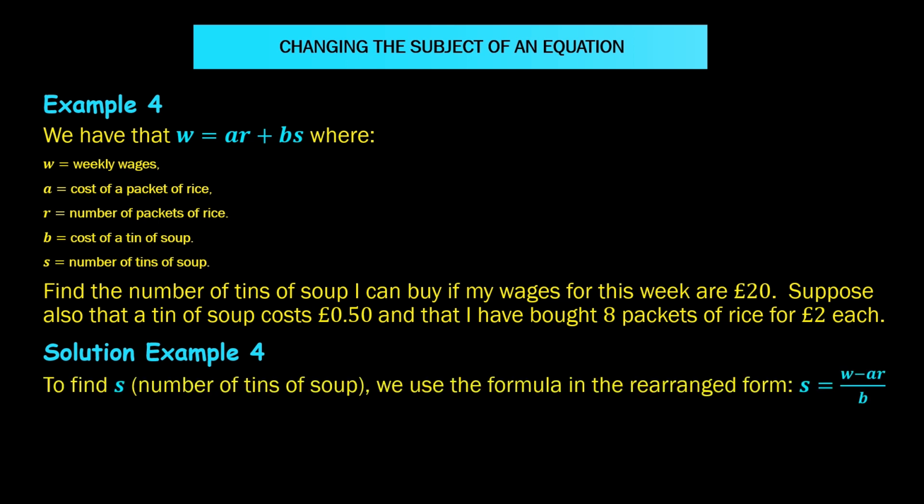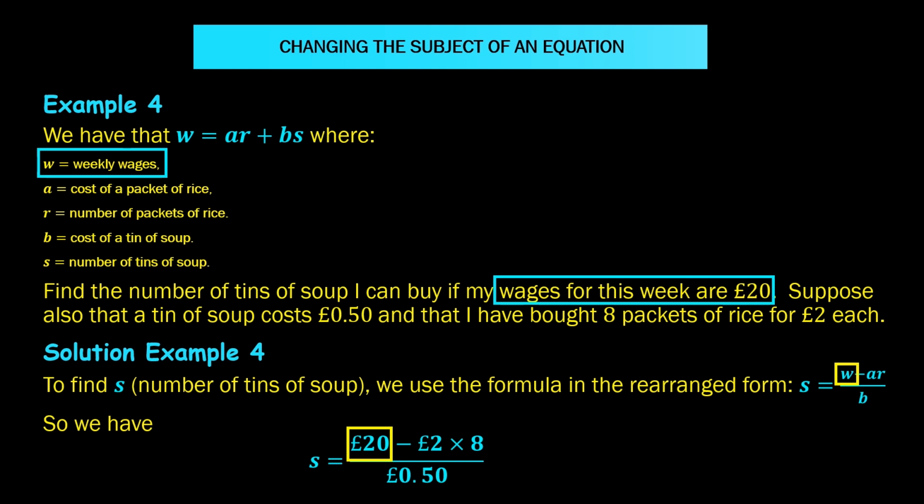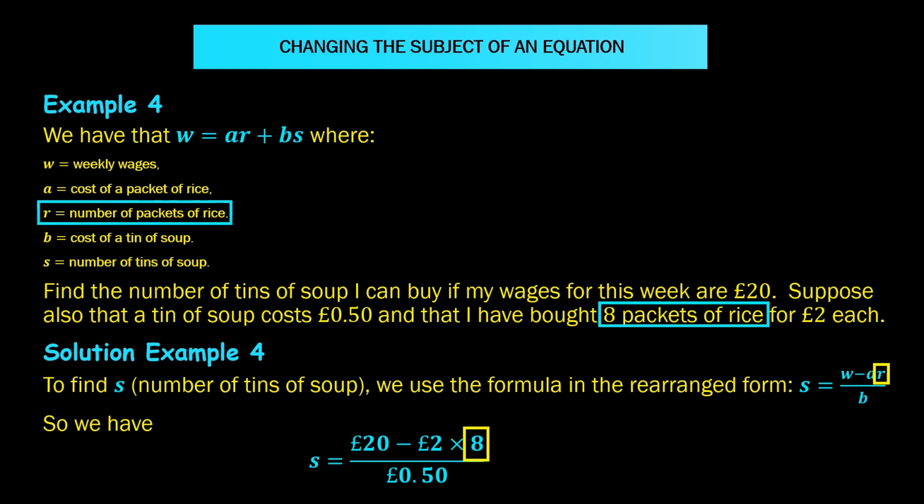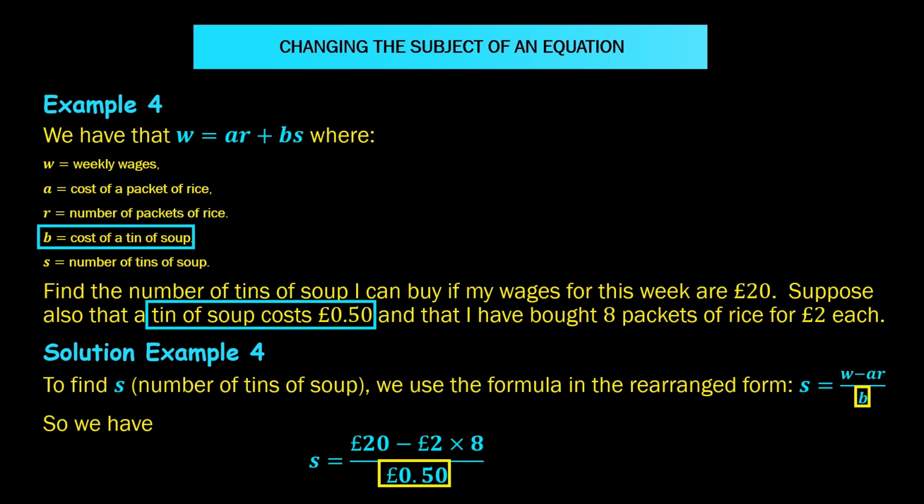To find S, the number of tins of soup, we're going to use the formula in the rearranged form. S equals (W minus AR) all over B. So, plugging in all the values I have, we obtain S equals £20, which is my wages for this week, minus £2, which is the cost of a packet of rice, times 8, which is the number of packets of rice I bought, divided by £0.50, which is the cost of a tin of soup.